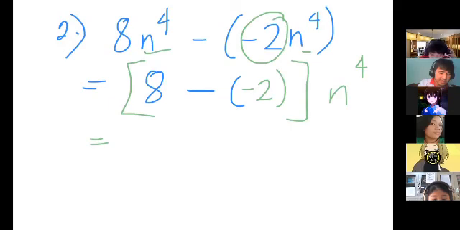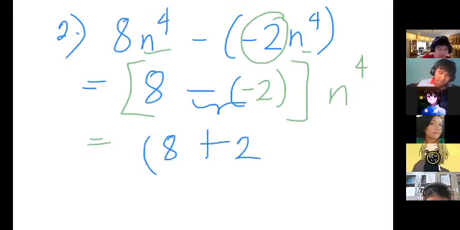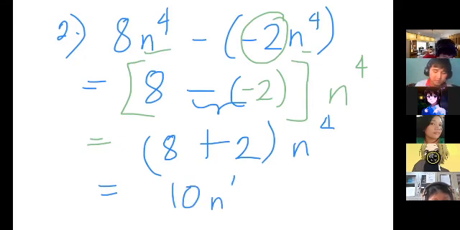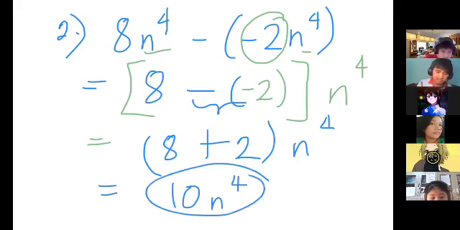Okay, so what's 8 minus negative? This will become plus. So 8 plus 2, n to the 4. So 10n to the 4. All right? That's the answer. So you're just combining terms as well.